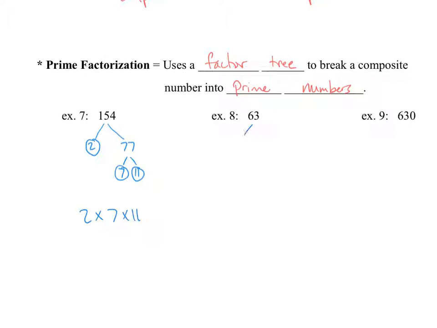All right, let's look at the number 63. What fits into 63? This is where it's helpful to know your division facts, otherwise you're going to be trying a lot of numbers. 6 plus 3 is 9, so we know 3 fits in there. 3 is also a prime number, so I'll circle it. 3 times what equals 63? 21.